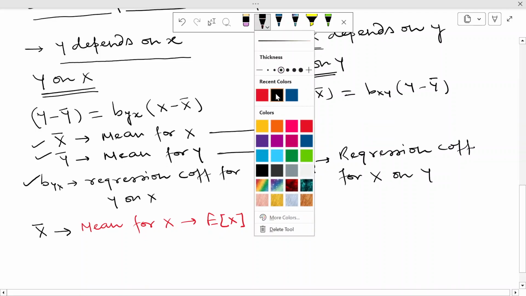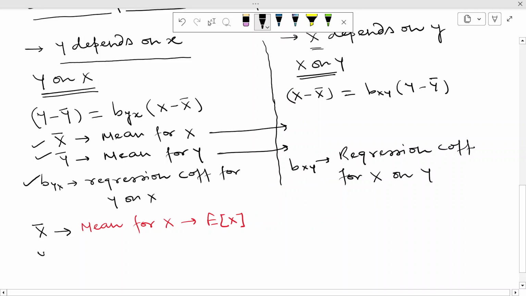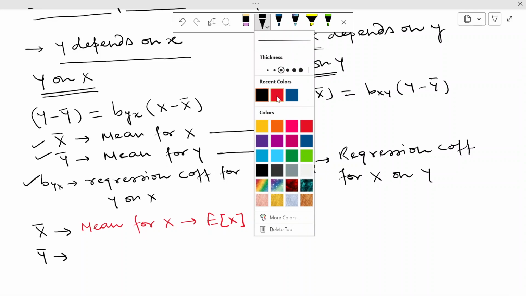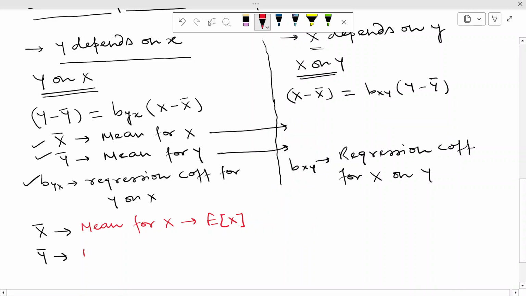Similarly, when you are looking for the value of y bar, all you need to do is find out the mean for y, which is the expectation of the variable y.